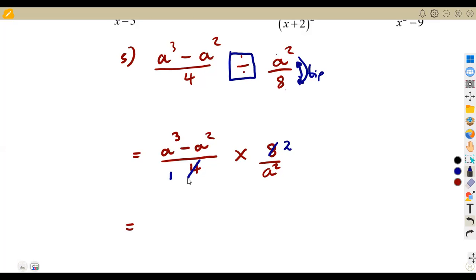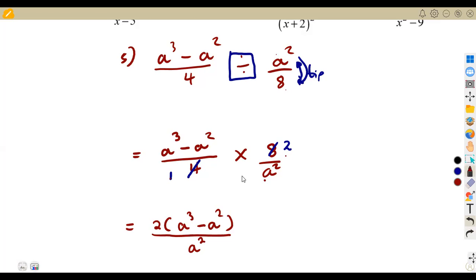So this 2 is going to multiply this part that we have here. So it's going to be 2 times the bracket of a cubed minus a squared, all over 1 times a squared, which is going to be a squared. That is a to the exponent of 2.